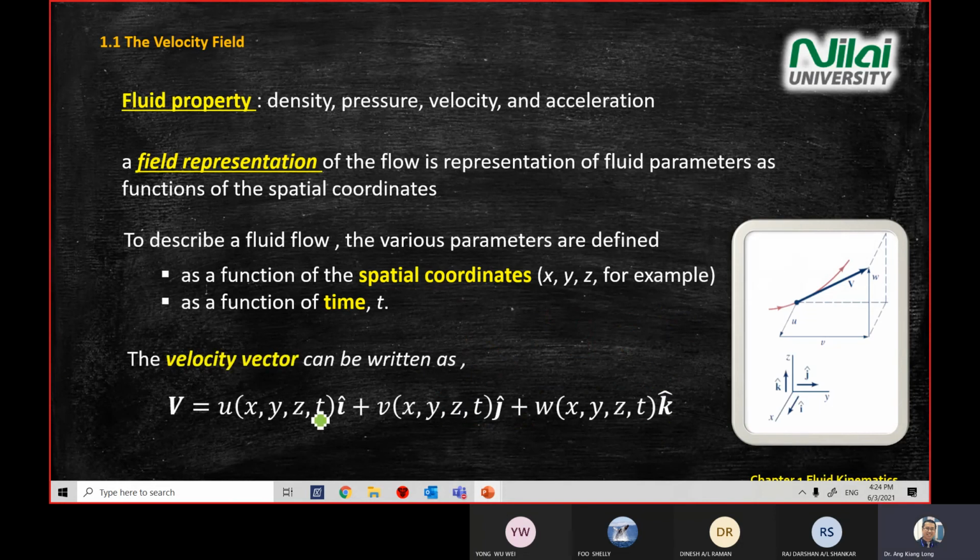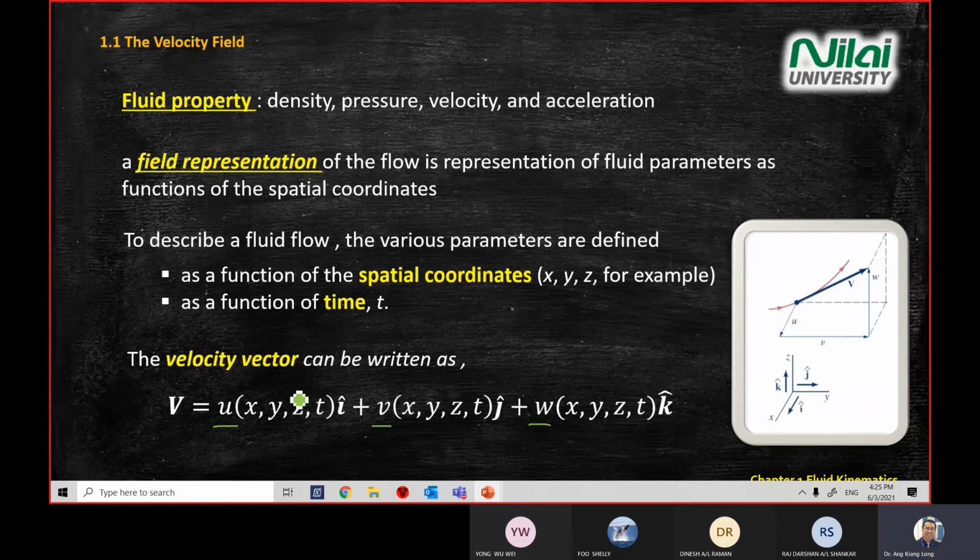Okay, vector form. By expanding what we learned just now, I already explained. Your vector can be represented by x direction, y direction, and z direction. If you have a bracket, it means that your u velocity in x direction is related to x, y, and z and time properties.